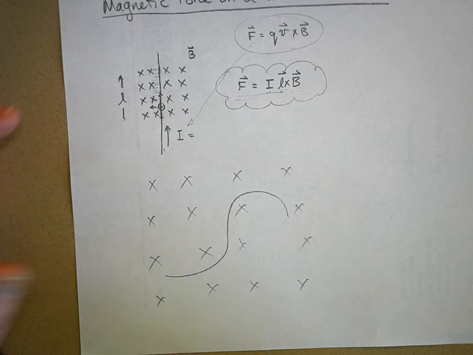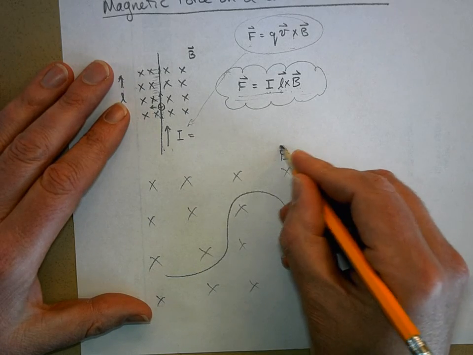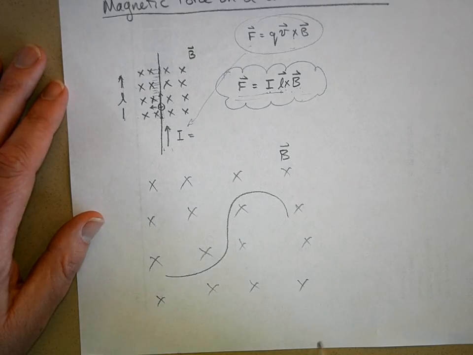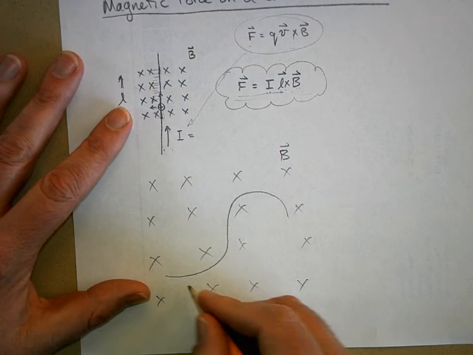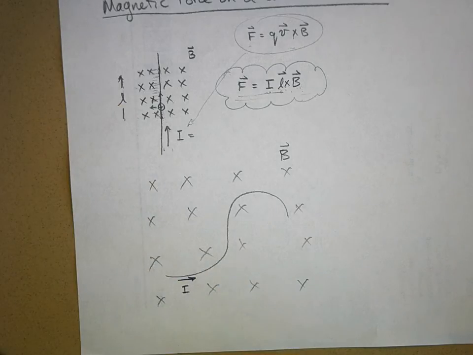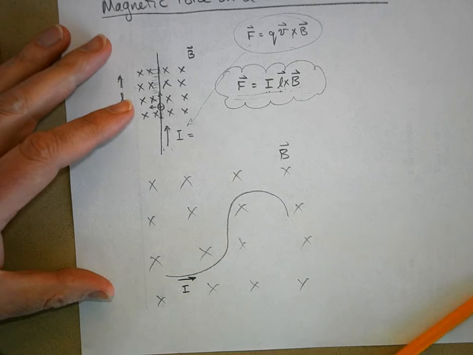Well, let's let B be a constant for right now, just to keep it easy. It doesn't have to be a constant. We'll make I a constant. We're only going to deal with steady currents in this class, except for RC circuits. Steady currents means the current doesn't change with time. It's constant current.